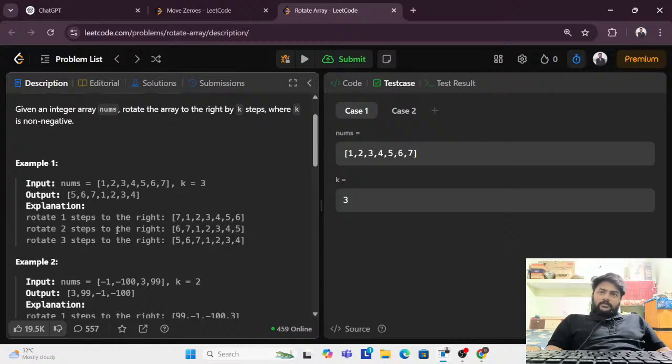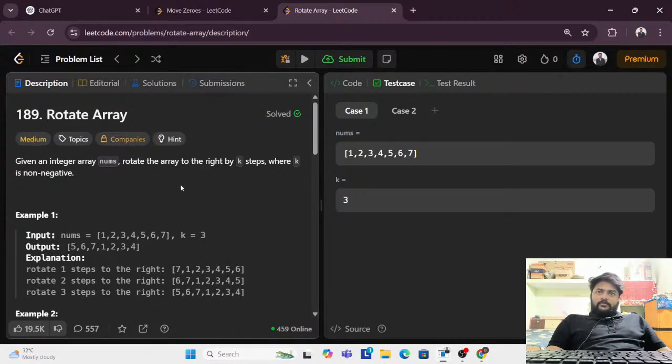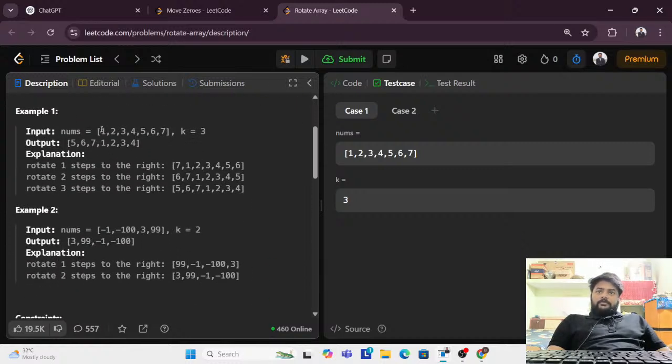It does not matter whether it is sorted or not, because it does not say the array should be sorted. Rotate the elements by k, which means 3 times to the right, so 7 should be here, then 6 should be just after the 7, so it becomes 6 7 1 2 3 4 5, and then we go for the third one.